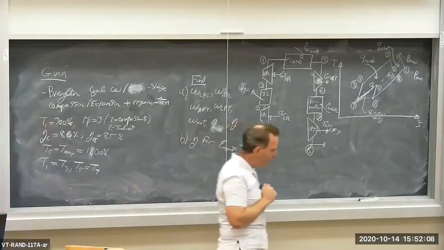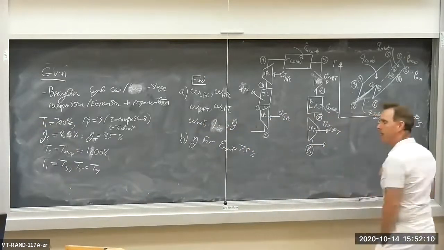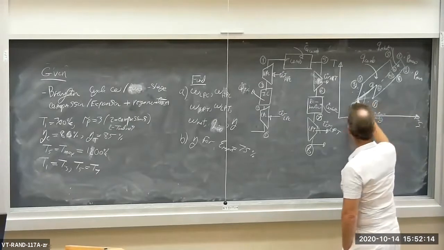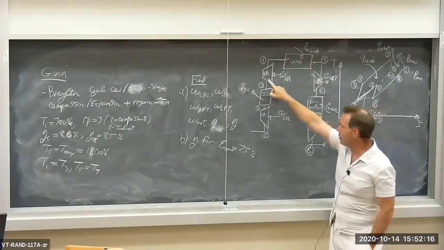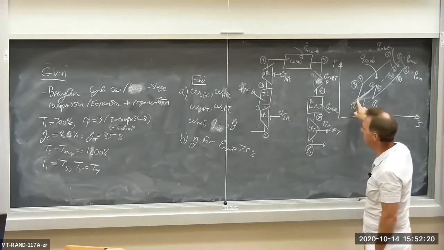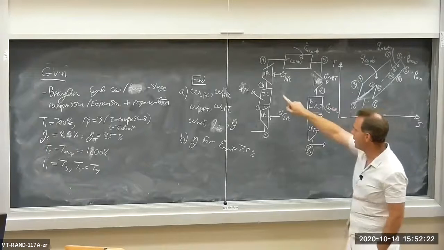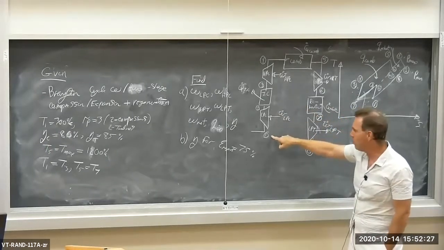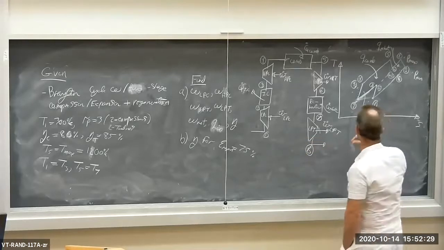And the amount of intercooling and reheating is such that the high pressure compressor inlet temperature, T3, so state 3, is right here. The high pressure compressor inlet temperature is the same as the low pressure compressor inlet temperature.